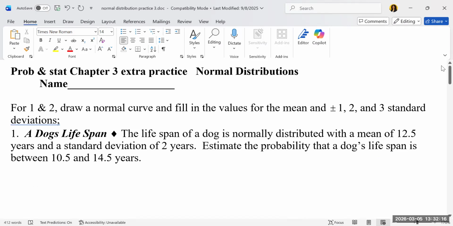This is normal distribution, chapter 7. For numbers 1 and 2, draw a normal curve and fill in the values for the mean, plus or minus 1, plus or minus 2, plus or minus 3 standard deviations. That's easy.